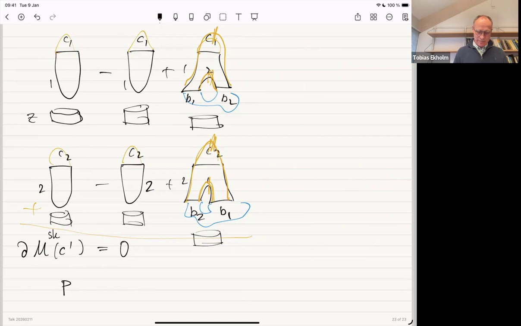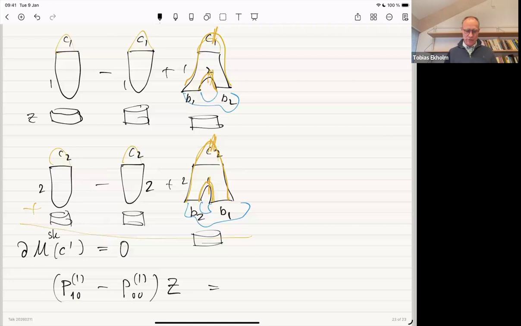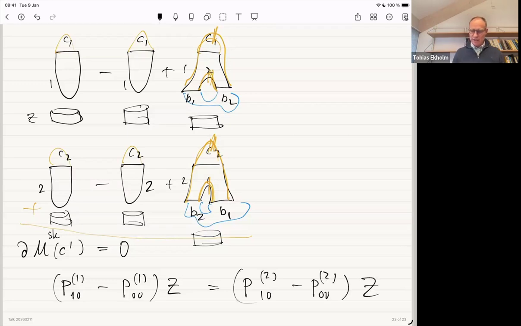So I would find P10 on 1 minus P00 on 1 acting on the Z has to be equal to P10 on 2 minus P00 on 2 acting on Z. So this P10 and so on are tori, and P10 is just a meridian, and this P00 is an unknot.